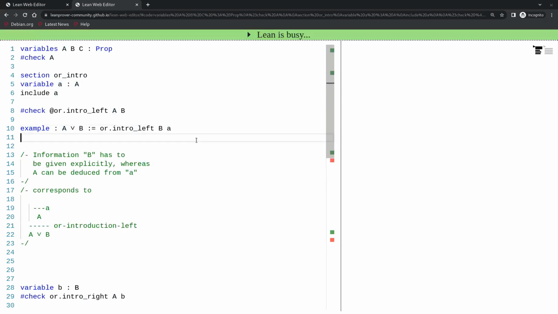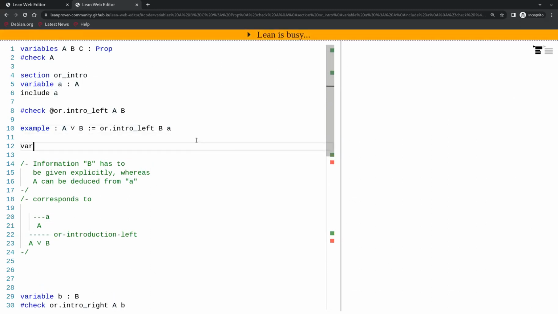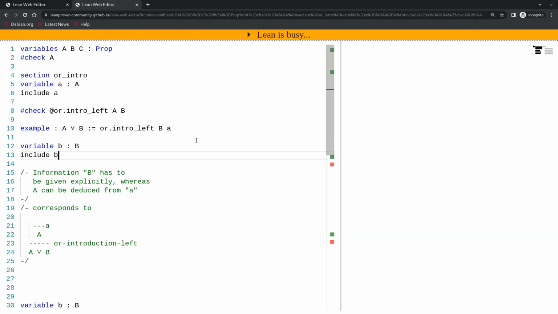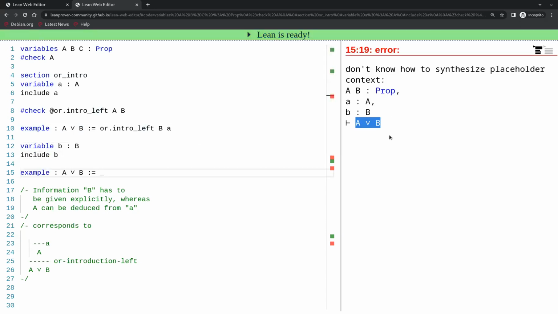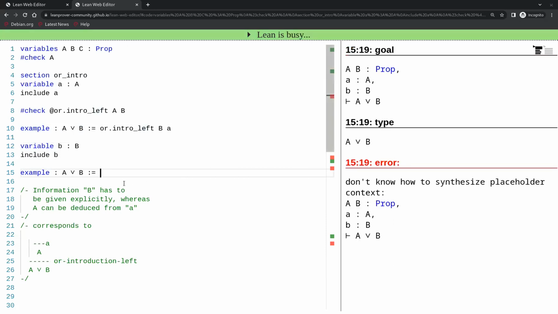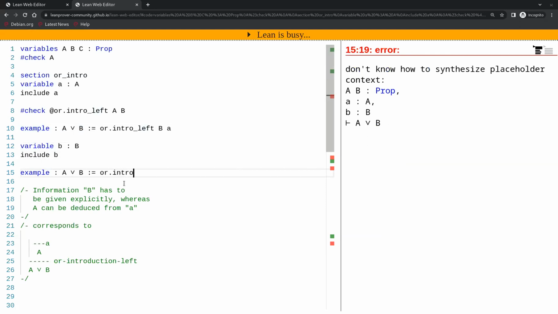If instead of having a proof of A, we had a proof of B around, and our goal was still to prove A or B, we could make a different choice. We could say, well, in order to prove A or B, it suffices to prove B. Then we would use the right introduction rule.